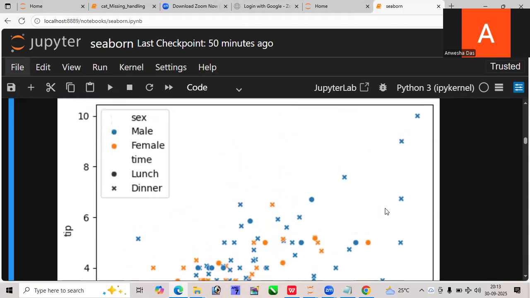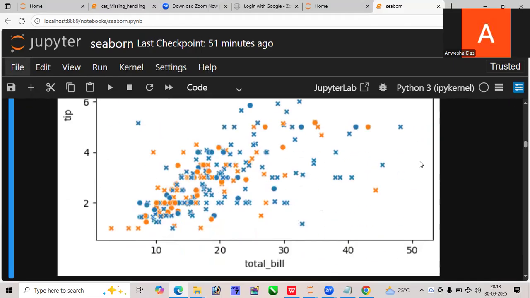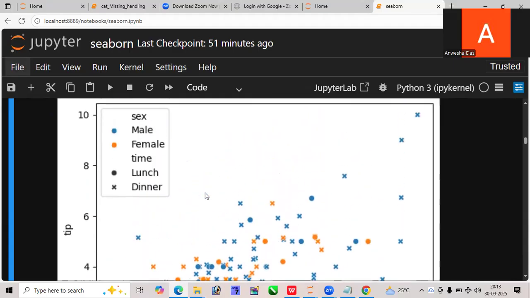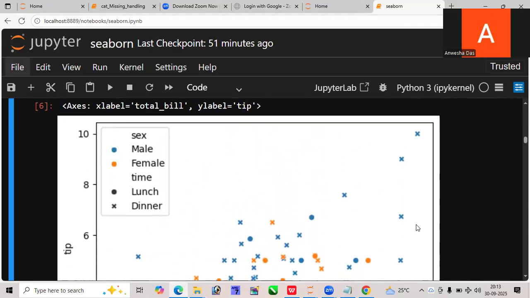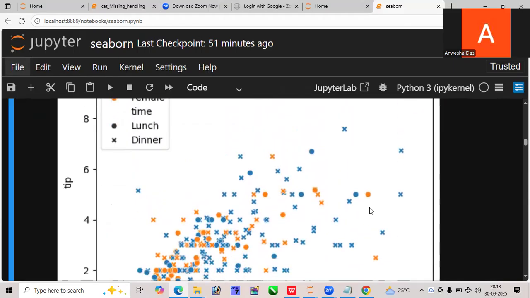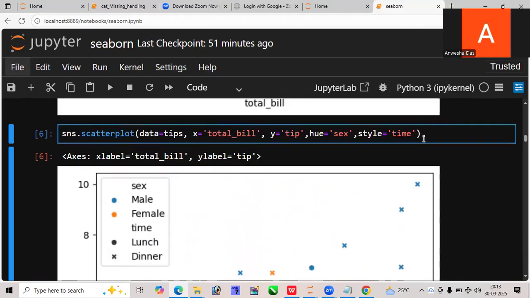So most of the males came at dinner time, and most of the females, that means the orange color, came at lunchtime. From that data we can understand what is going on. So this is the scatter plot.